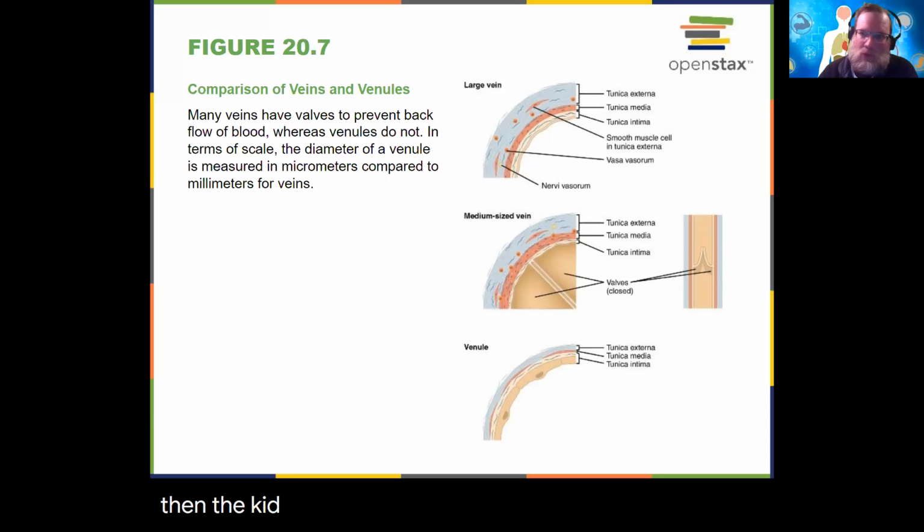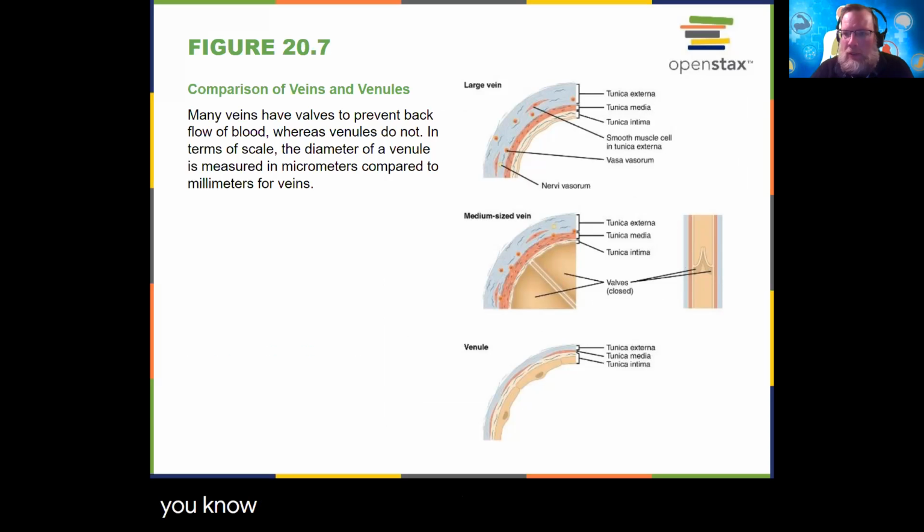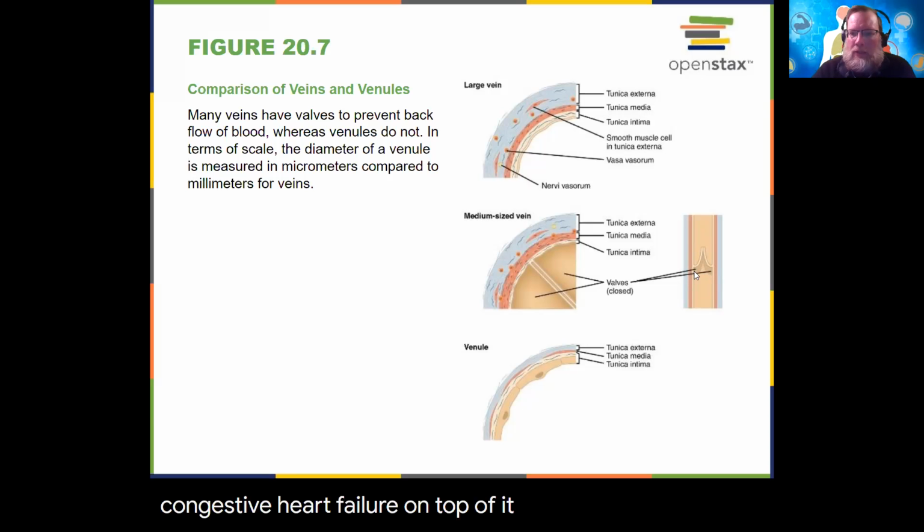And then the kidneys have to work a lot harder to balance fluid. And then next thing you know, the kidneys are failing, edema is built up, and we've got congestive heart failure on top of it. So these valves play an important role. We want to keep the line moving, right? We don't want backflow.